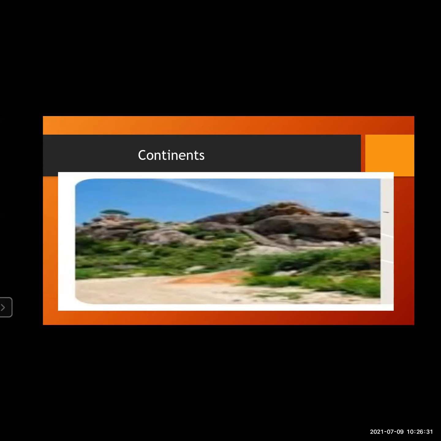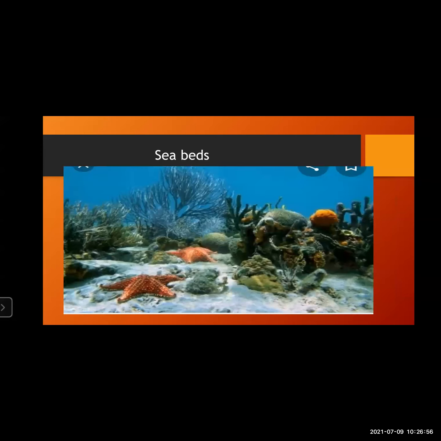Seabed means the top surface of the earth in the seas and oceans. What we have seen, the continent and plateau, is the area lying above the ocean, the upper part of the crust. Now, what happened in the lower parts, the seabed? We will see here how the seabeds are created.